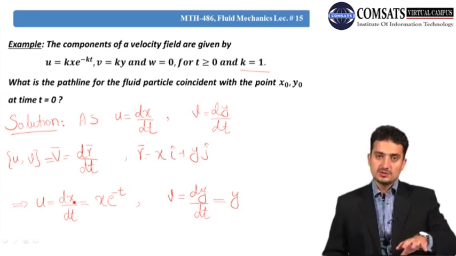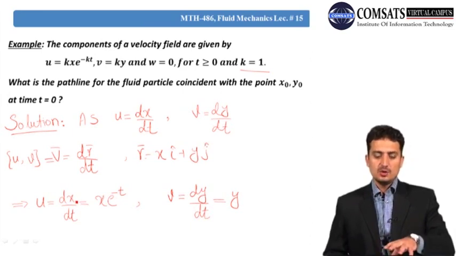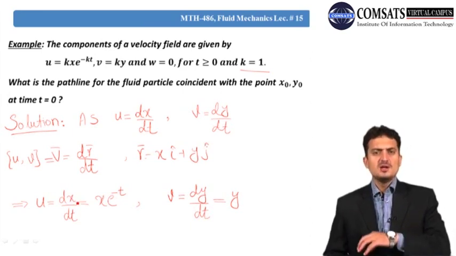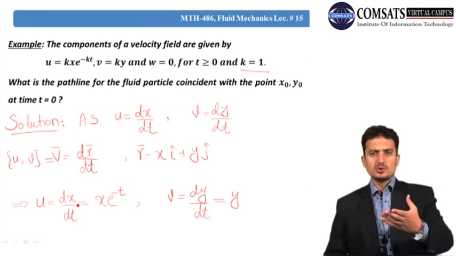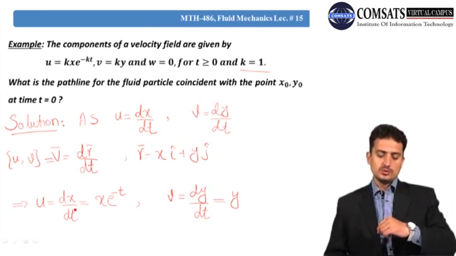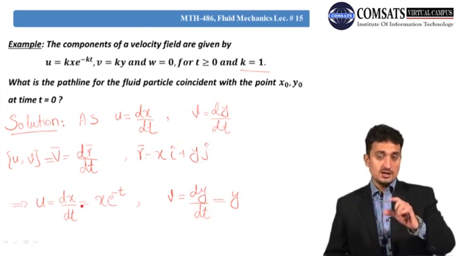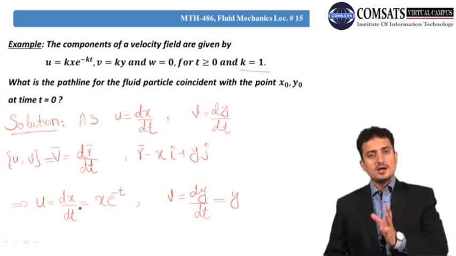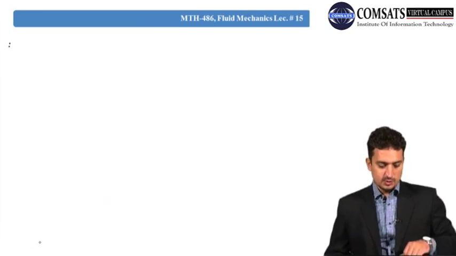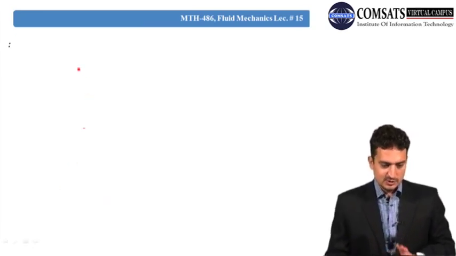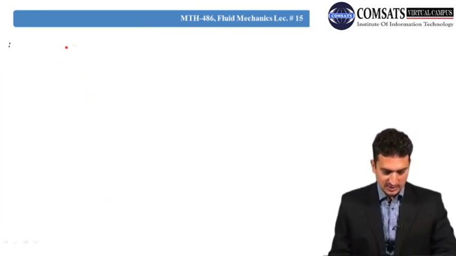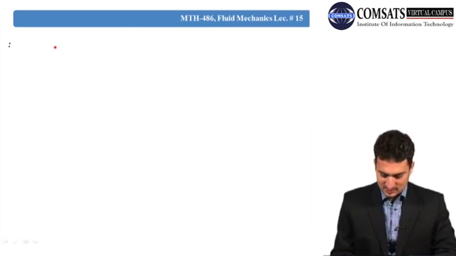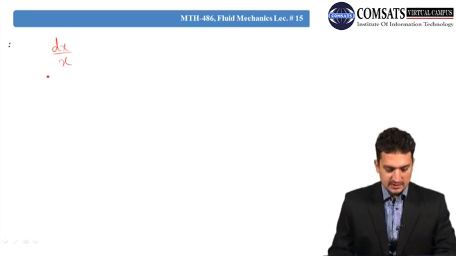So we have to simply integrate to express x and y in terms of t. If you remember from your ordinary differential equation course, you can solve it. These are parametric sort of equations, separable and first order. If you cannot solve them, okay, let's see how we solve them for the sake of your convenience.